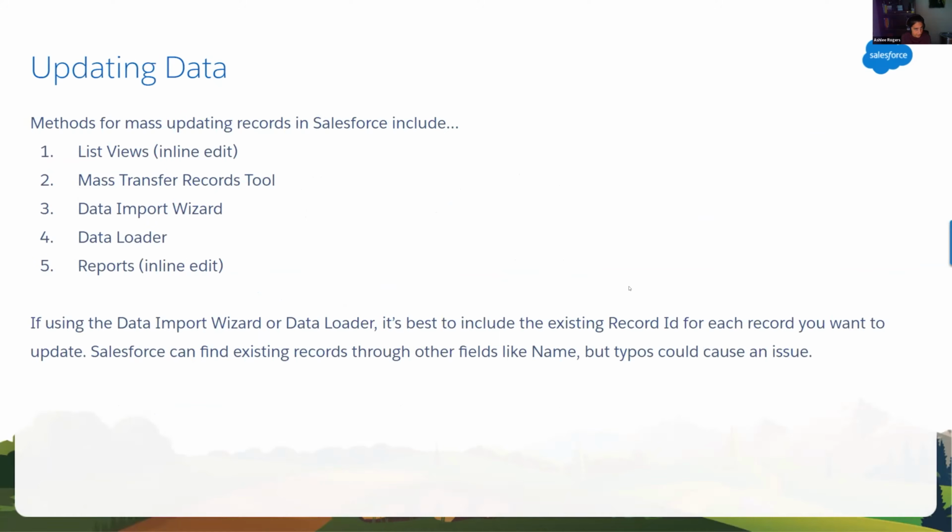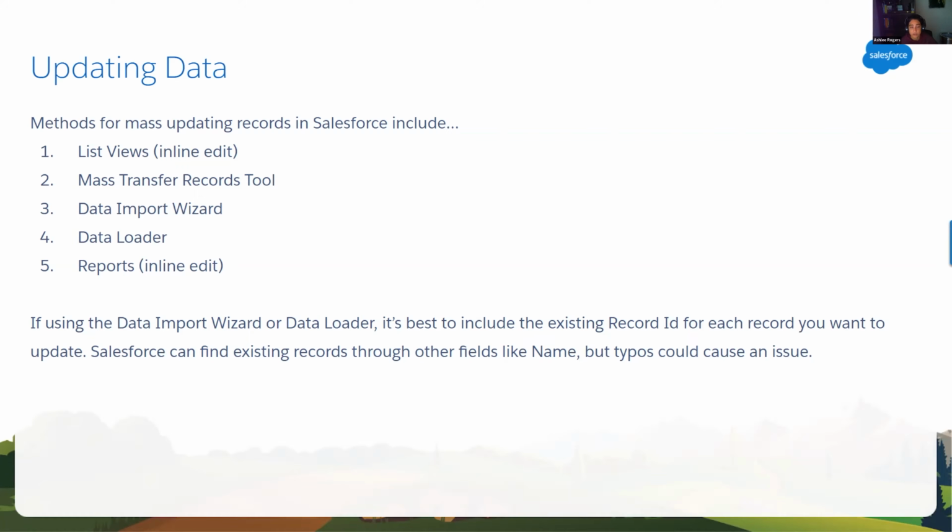Updating data. There are a few ways to mass update data in Salesforce. That could be through a list view, if you have inline edit available on that particular list view. You could do it with the mass transfer records tool. So if you just needed to transfer records from one owner to another owner, that is a way to mass update records.